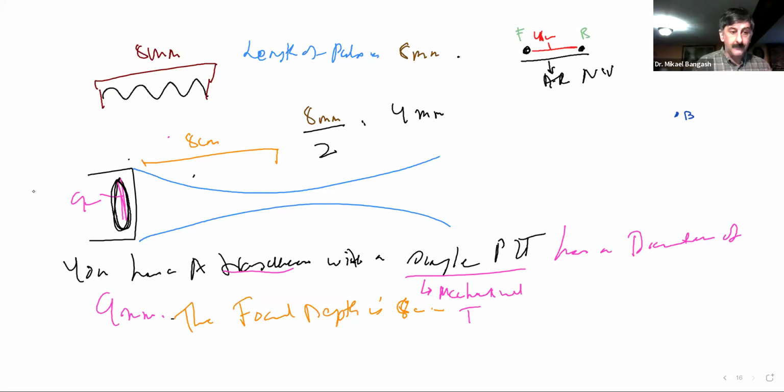Then we can go on and say, what is the lateral resolution at a depth of 8 centimeters? What's the lateral resolution at a depth of 16 centimeters? And so on, for questions 1 to 5.